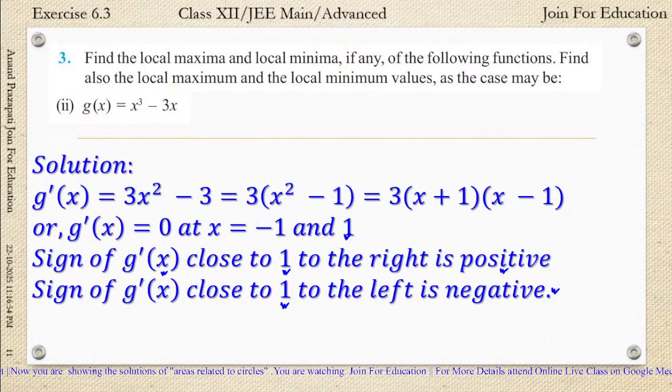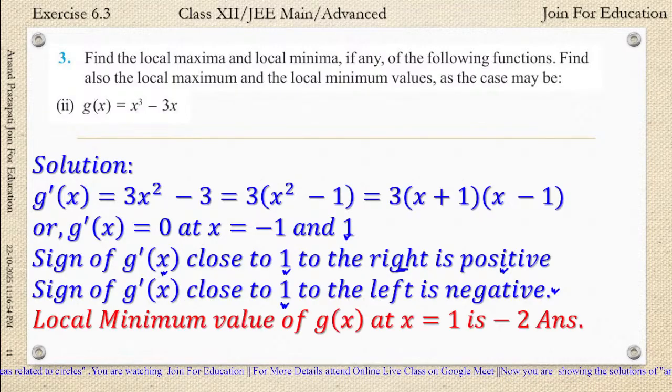Sign of g dash x changes from positive to negative when we move from right to left. So the local minimum value of gx at x equal to 1 is minus 2. So this is the solution of question number 3 (ii).